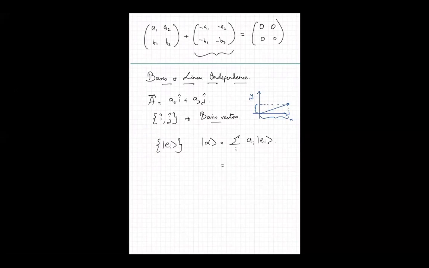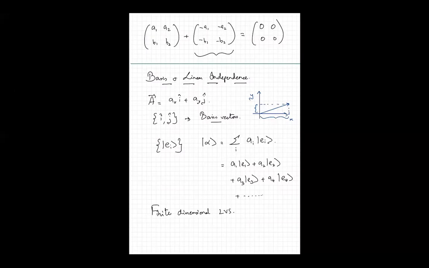This means that this is A1 times the first basis vector plus the component along the second axis times the second basis vector plus the component along the third axis times the third basis vector plus the component along the fourth axis times the fourth basis vector, and so on and so forth. If there is a finite number of basis vectors, we live in a finite dimensional linear vector space.